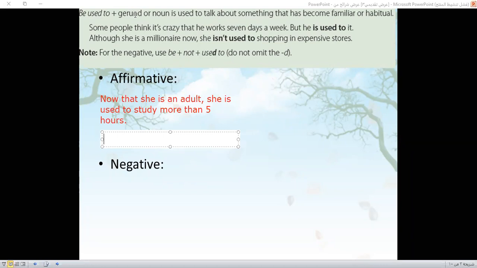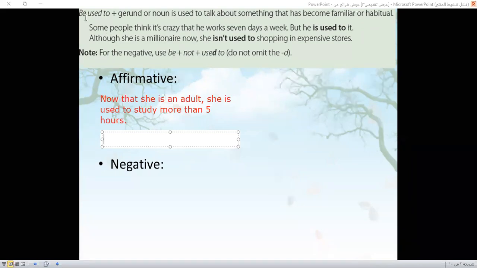Okay, so I won't use used if I'm going to tell you something I do now? No, if you pay attention, we talked about two types of used to. The one that we had before is I used to study 5 hours. Can I now study 5 hours? No, I can't. It's only in the past.